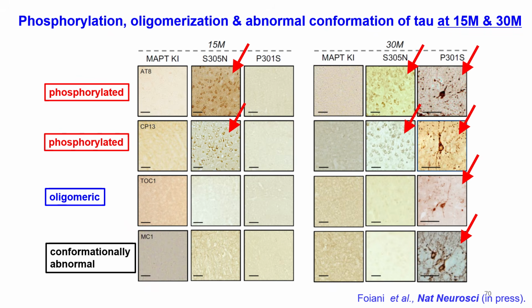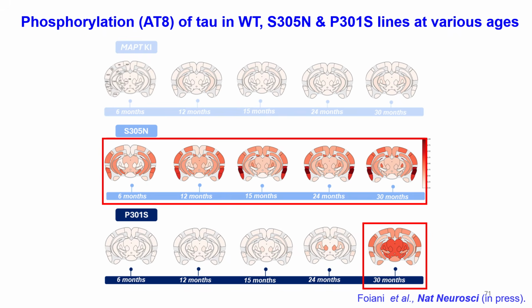So the extreme aging can actually cause a beta-independent tau pathology in the latter case. Again, the S305N line exhibits hyperphosphorylated tau from 6 months throughout to 30 months. In contrast, the P301S line shows hyperphosphorylated tau only at 30 months.